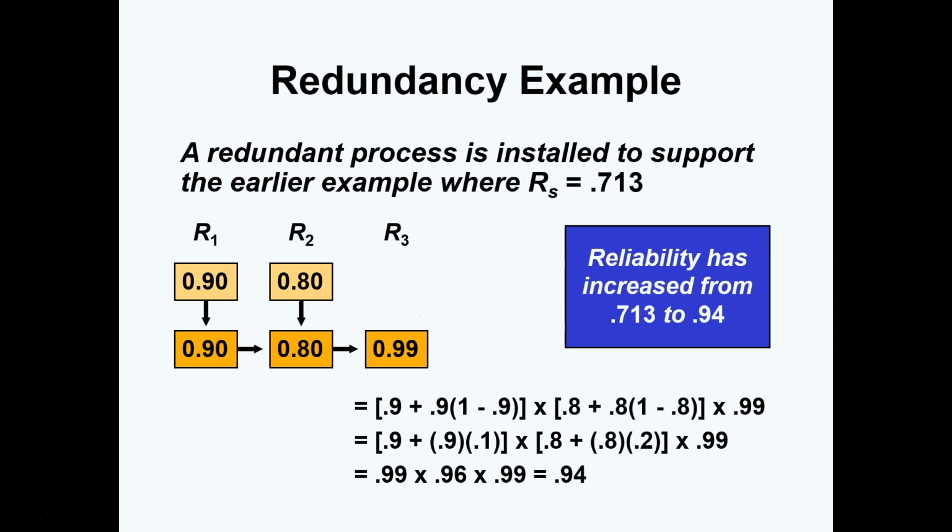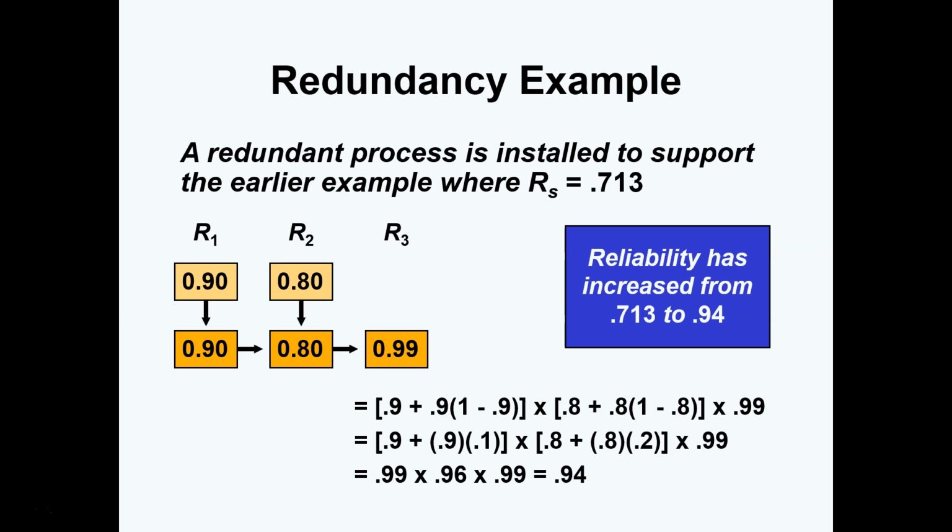To increase the reliability of the system, in the previous example, we added a replacement part, which means using redundancy to improve system reliability. Remember, we calculated the reliability of the system as 0.713 or 71.3%. So adding another one for R1 and R2 with the same reliability means that in case one of them fails, there is one that will take over.